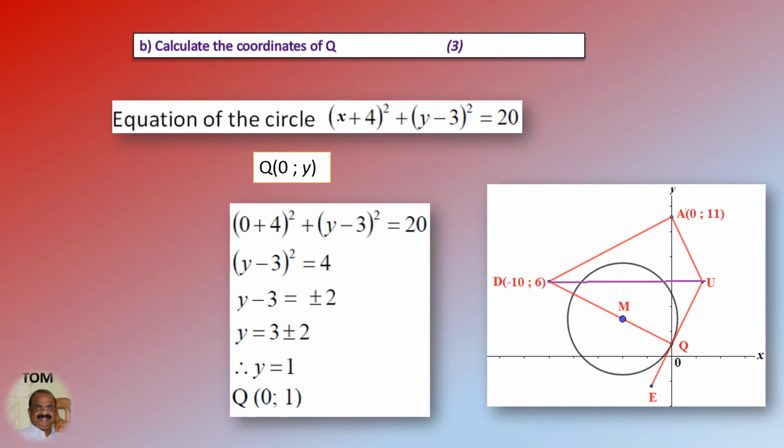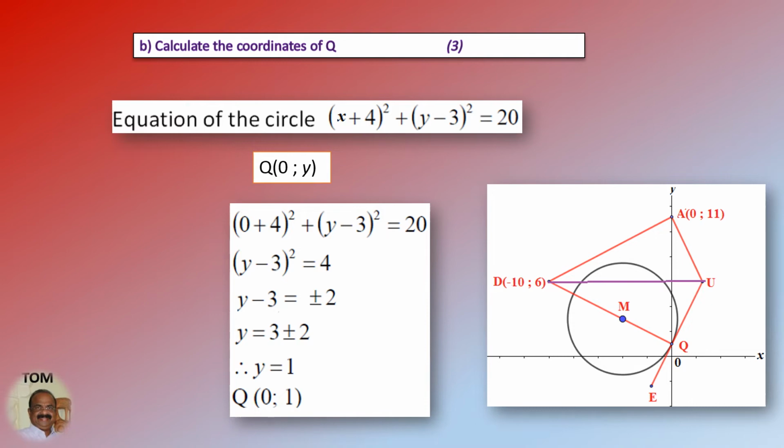The x coordinate is 0, so we put 0 plus 4 whole square plus y minus 3 whole square equal to 20. So the unknown value of y will be calculated. We simplify the equation. 4 square is 16. 20 minus 16 is 4. So we get y minus 3 whole square equal to 4.